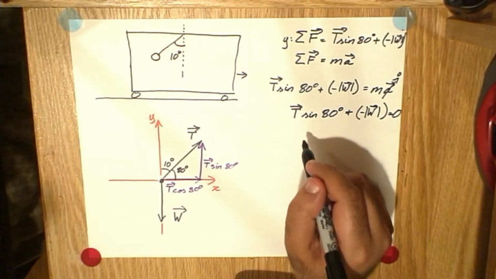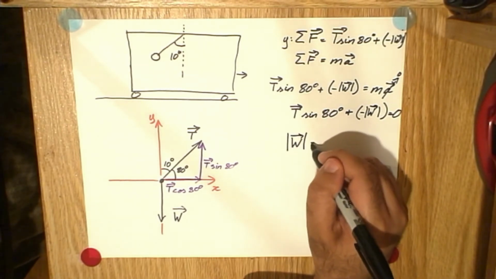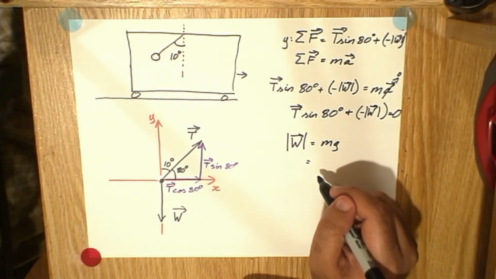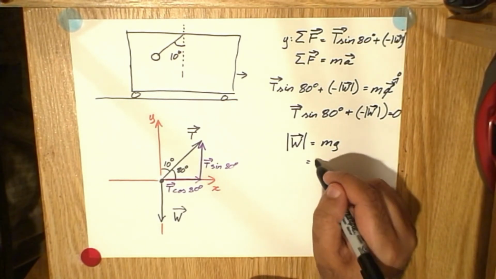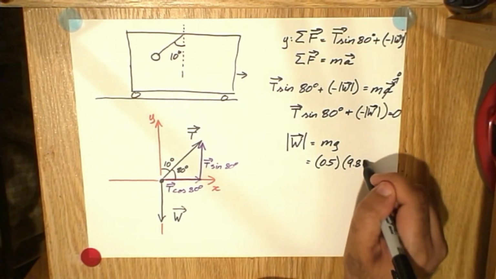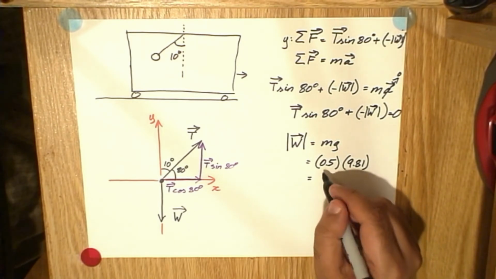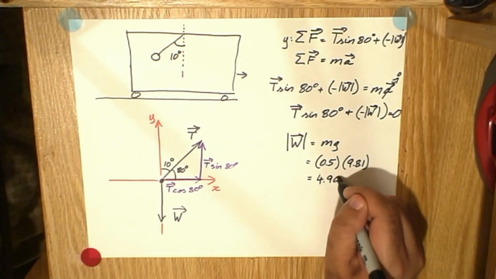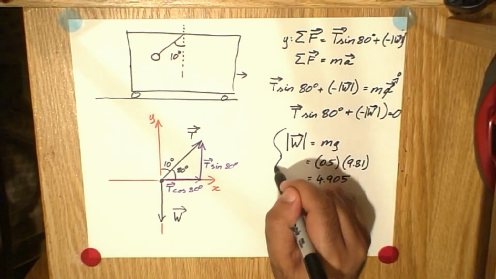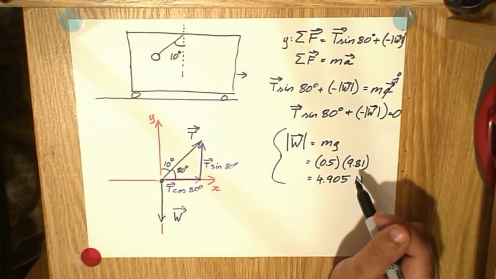How much is the weight? The weight is equal to mass times gravity. The mass of the ball was 0.5 kilograms. Gravity is 9.81. So half of 9.81, that would be 4.905. And this would be the weight, 4.905 newtons. That would be the size of the weight of the ball.